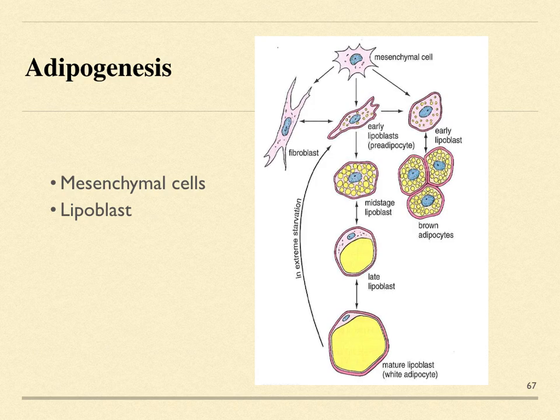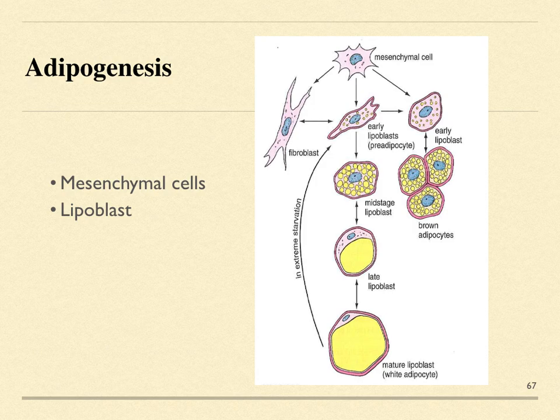If you look at this diagram, here you can see the brown adipocytes. Brown adipocytes have got lots of fat droplets, and also the nuclei of these cells are located in the center of the cells.